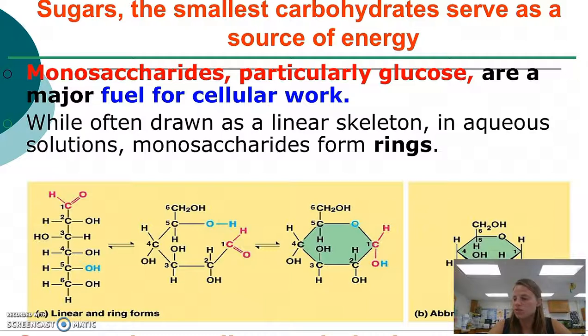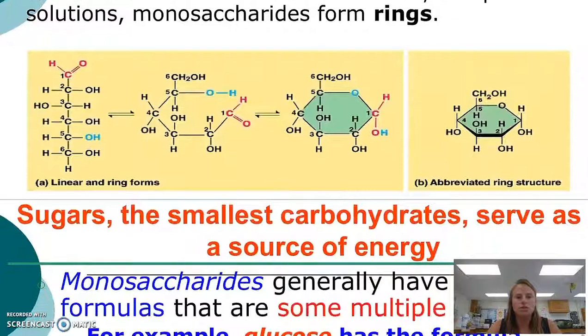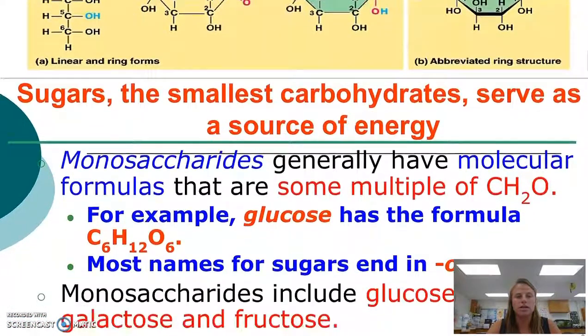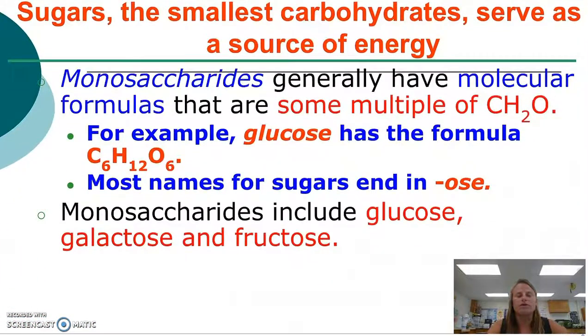And as I mentioned before, you can recognize a monosaccharide because it has a ring shape. These small sugars, these monosaccharides, generally have a molecular formula that's some multiple of CH2O.